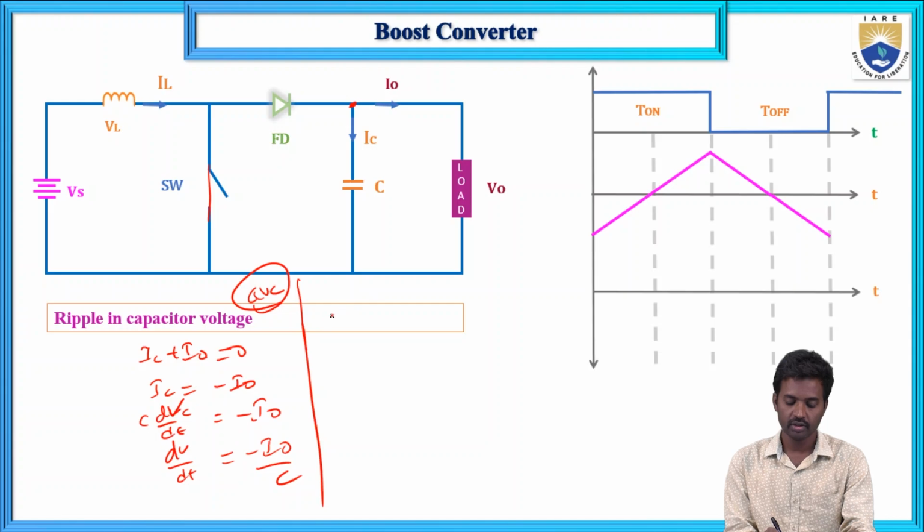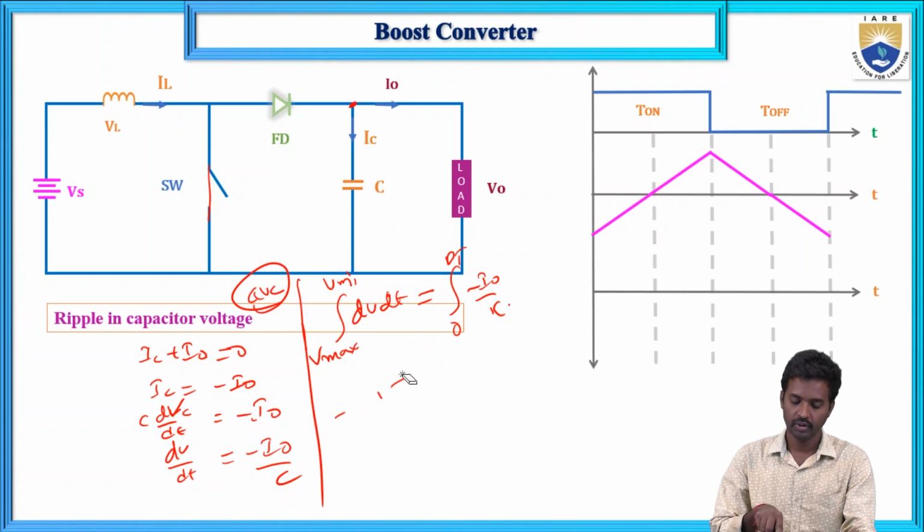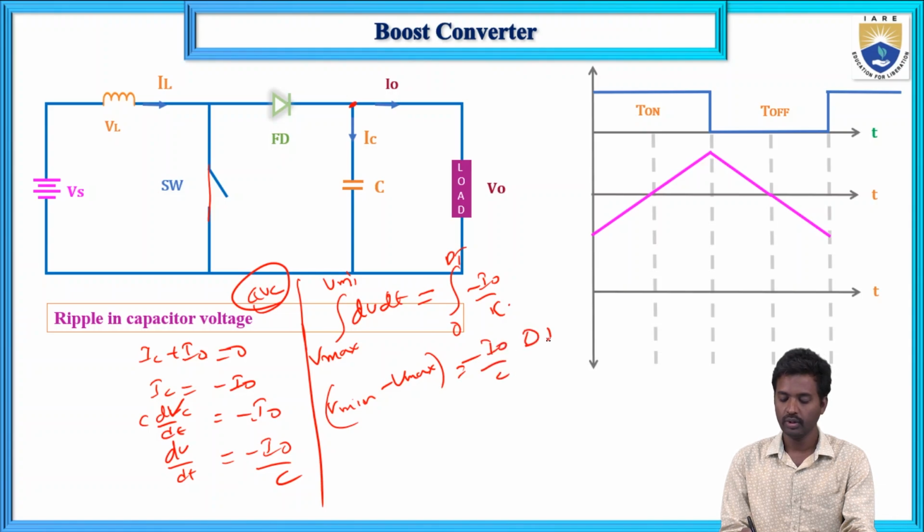If you integrate it, integral from V maximum to V minimum of dV equals integral from 0 to DT, that is during on, of minus I naught by C. So V minimum minus V maximum equals minus I naught by C into DT only.